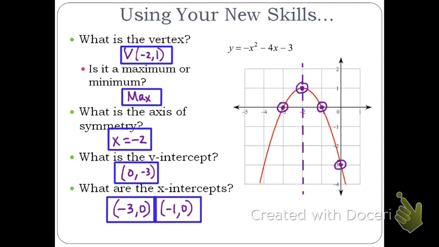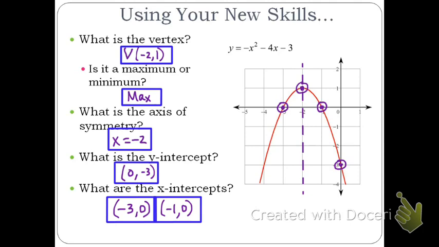Then, when you ask whether it's a maximum or a minimum, it is indeed a maximum. That shape is facing down. What is the axis of symmetry? The axis of symmetry goes through the vertex, and your x-coordinate is -2. So the axis of symmetry is x = -2.